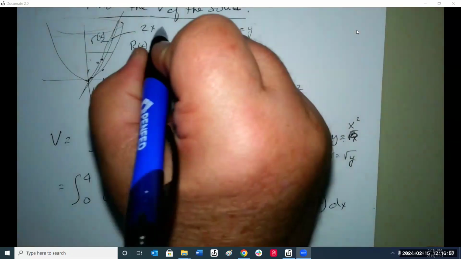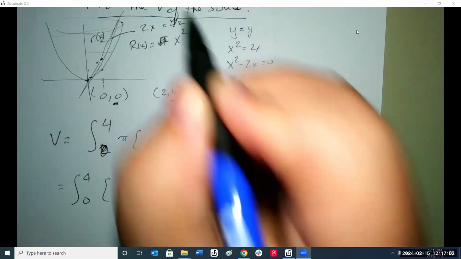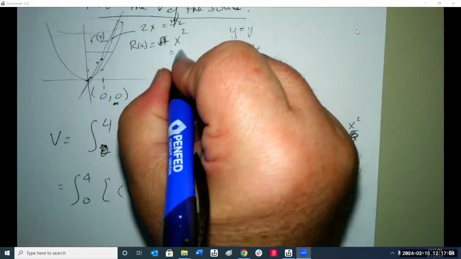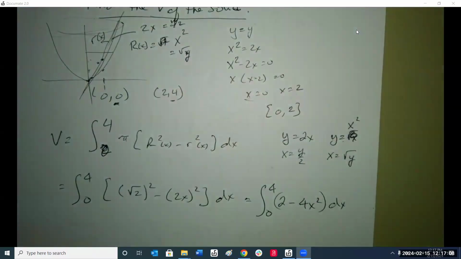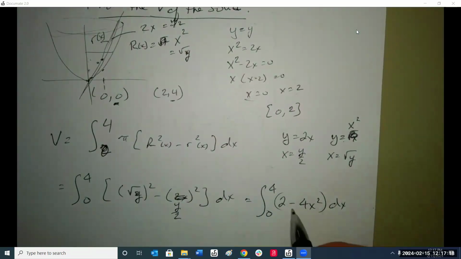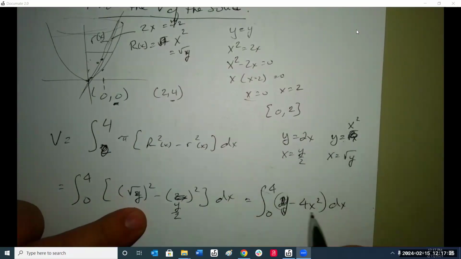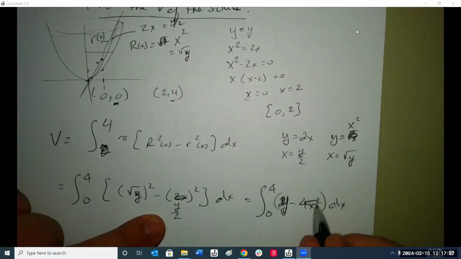So this inner one will be y over 2, and the outer one will be square root of y. So we have the square root of y and y over 2, squared, which is equal to y minus y squared over 4.